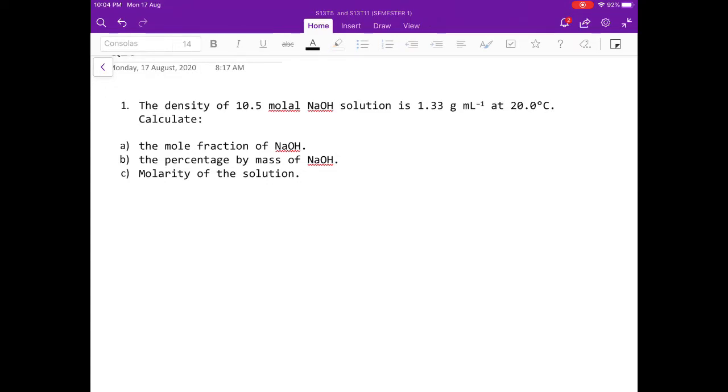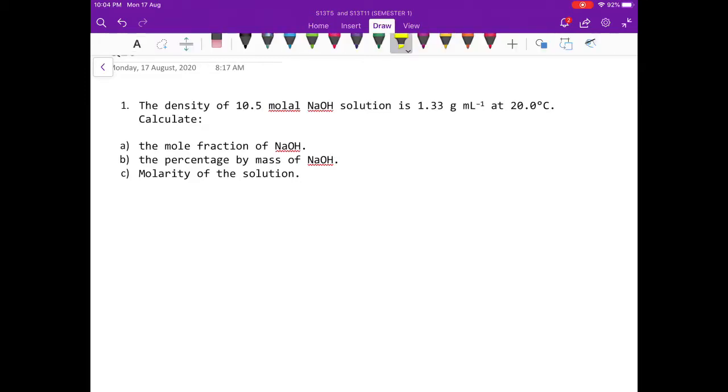First, we need to interpret the information given. If we look at the question, we are given the density of 10.5 molar sodium hydroxide. We have two pieces of information actually. This is the molarity because the unit is molar, and the second is density that refers to the solution. Even though it is not mentioned, this is the molarity of the solution.